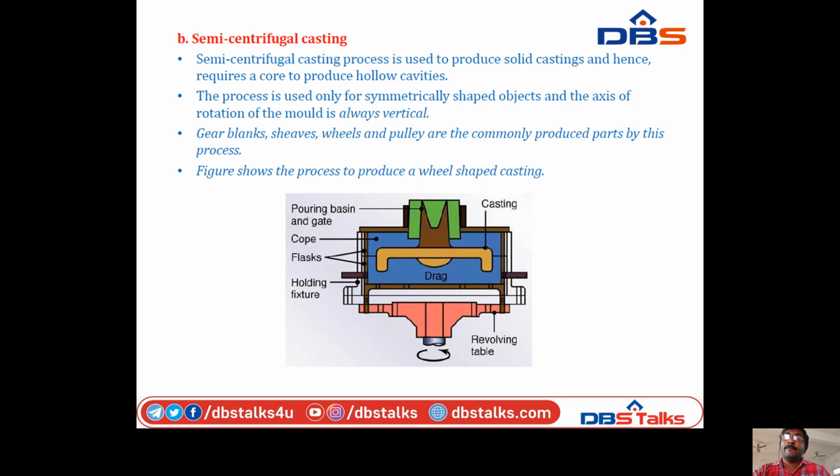Semi-centrifugal process. Semi-centrifugal casting is used to produce solid castings and hence requires a core to produce a hollow cavity. The process is used only for symmetrically shaped objects and the axis of rotation of the mold is vertical. Car wheel blanks, gears, wheels and pulleys are commonly produced parts by the process.